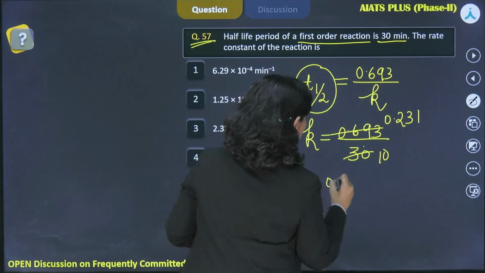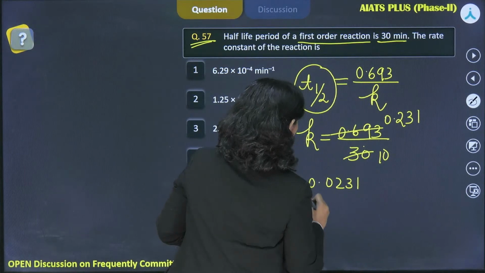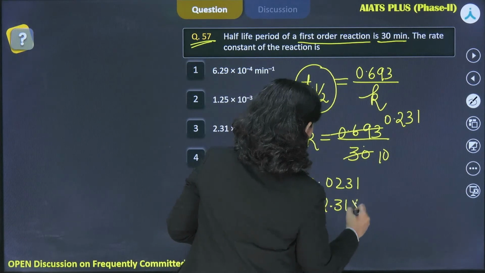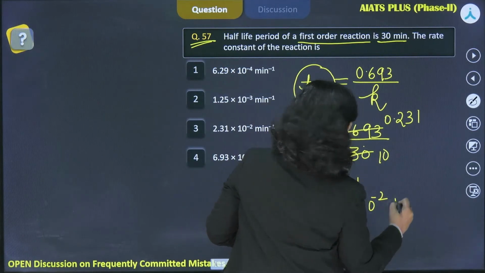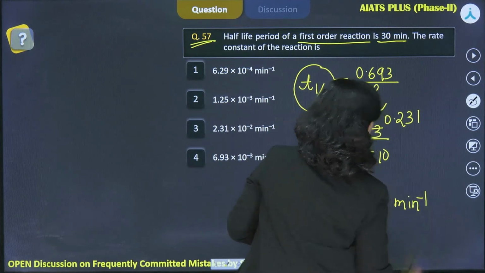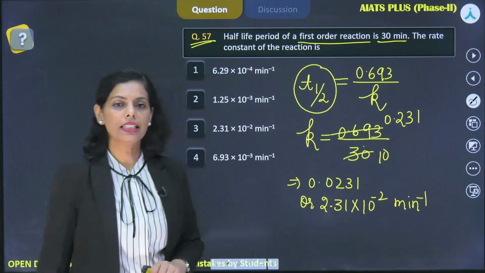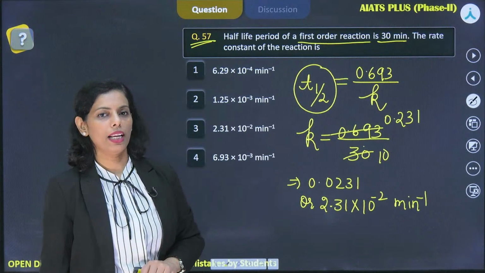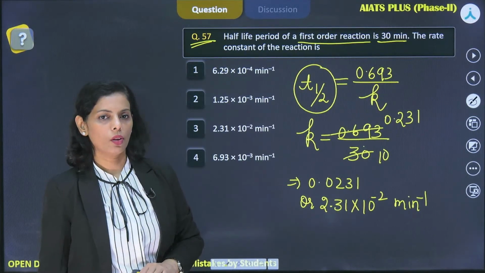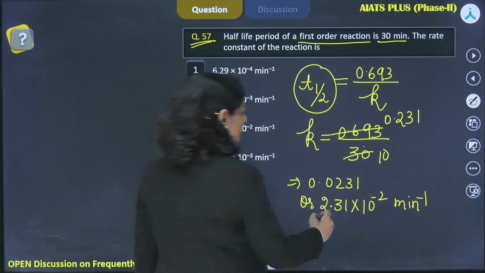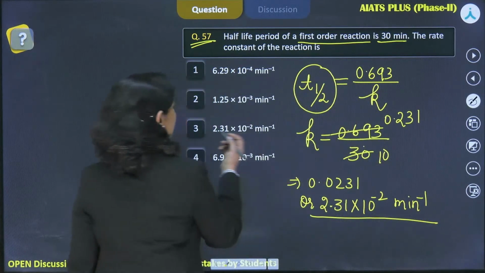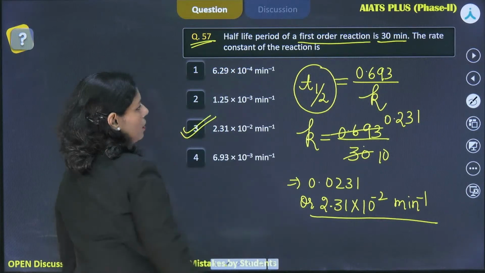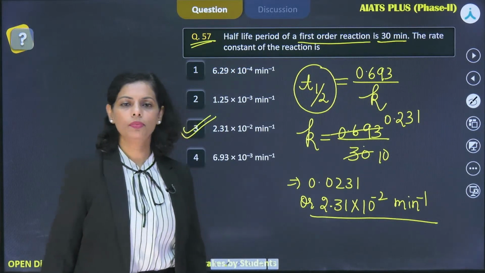So 0.0231 or 2.31 into 10 raised to the power minus 2 per minute. Right? Yes, Karthik, Sign, Mohit, everyone, everyone correct. Okay, Lakshmi as well. So this is the value, and the right answer with respect to this becomes option 3. Clear? Done?